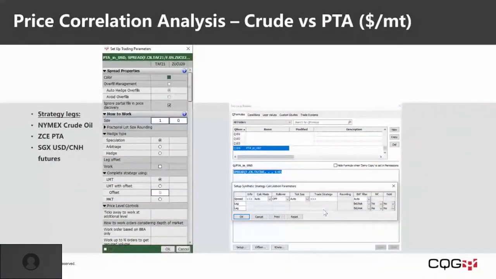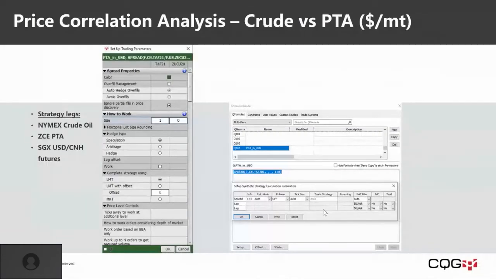So what we're doing here is that we are going to use the spreader, CQG spreader, in two different ways to begin with, to try and set up a spread that will give us a little bit of an edge. And the way we do this is that we need to create two components of that spread.